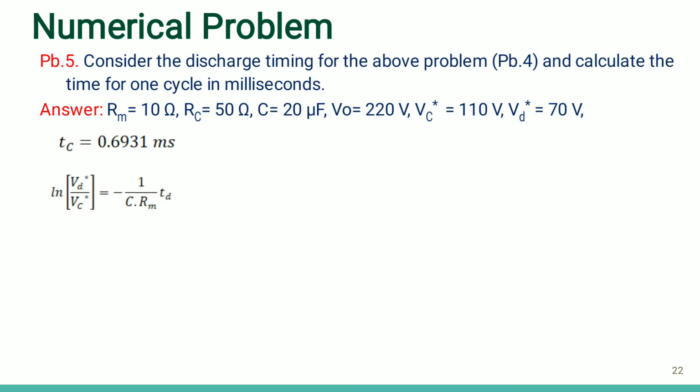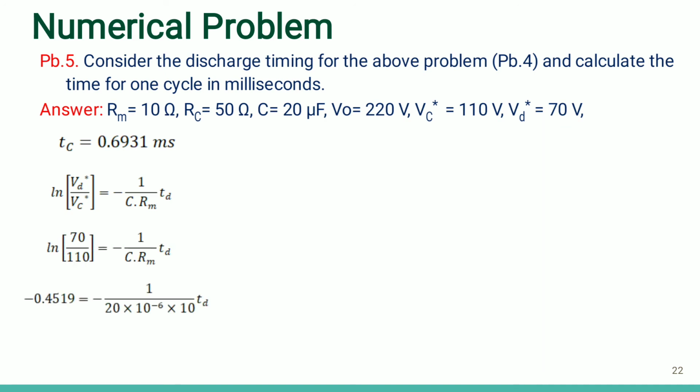Now for the Td, this formula will be ln of Vd star upon Vc star equals minus 1 by C into Rm into Td. Everything is given to you: Vd is 70 volt, Vc star is 110, C is 20, Rm is 10, and Td we have to find out.